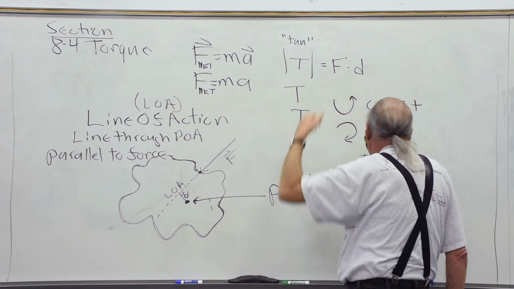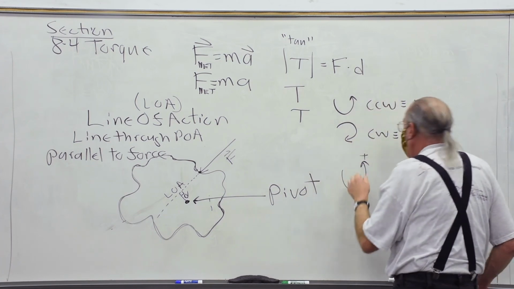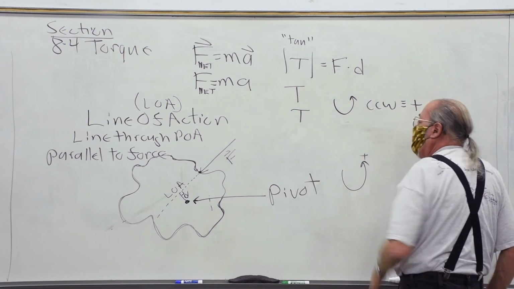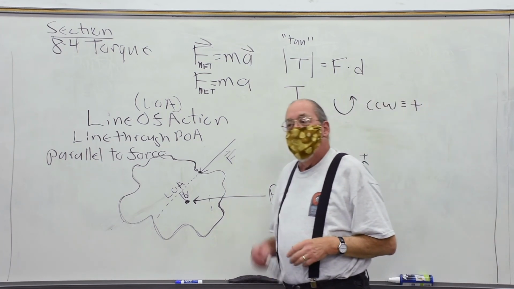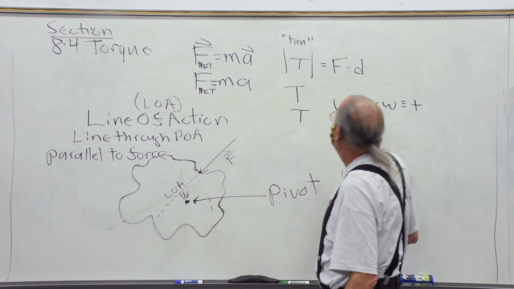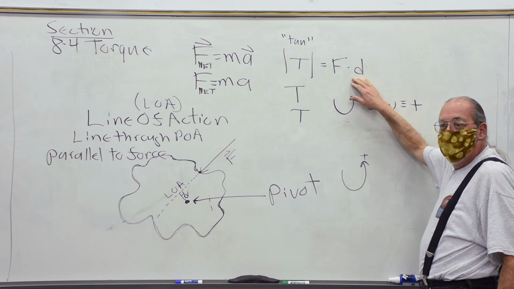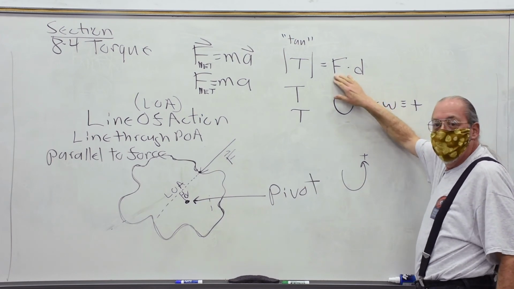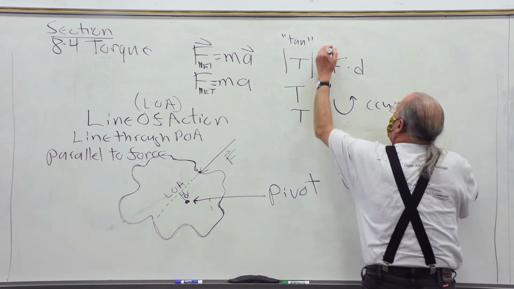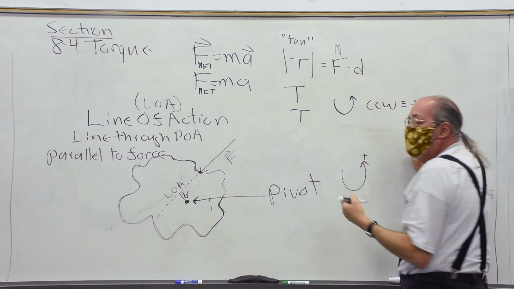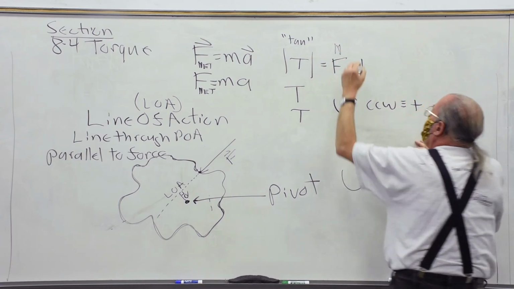Counterclockwise is plus and clockwise is minus. So we usually use this. Now, we've got just enough time. What would the units be? What are the units of force? Newtons. And the units of distance? Meters.